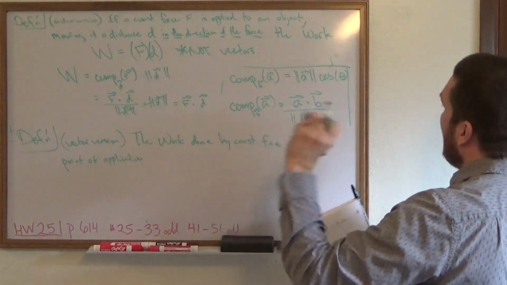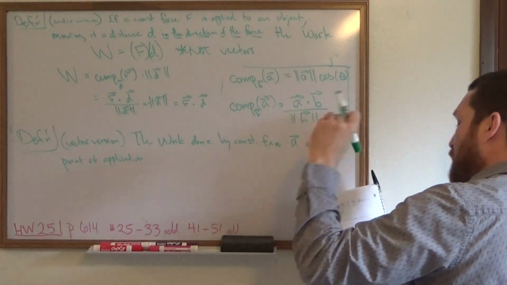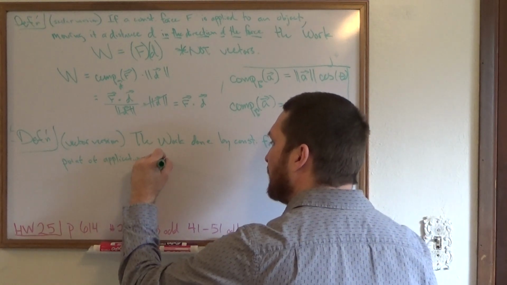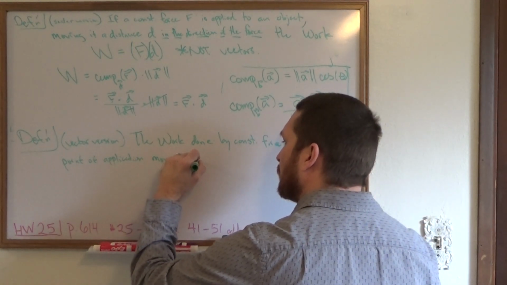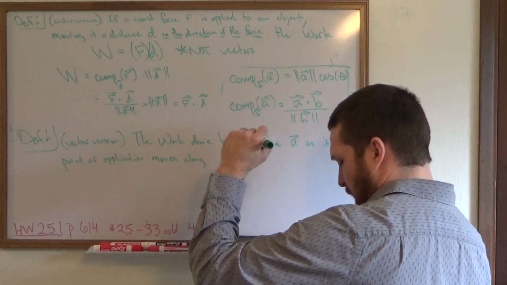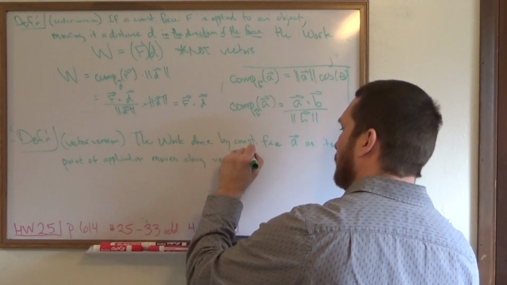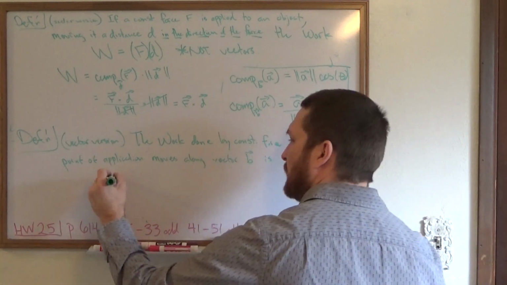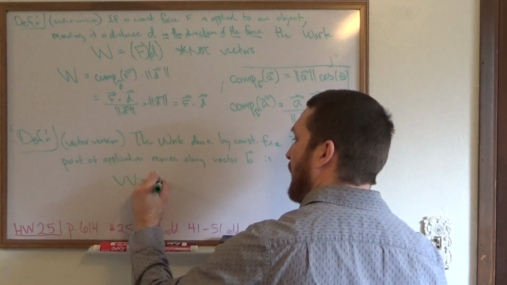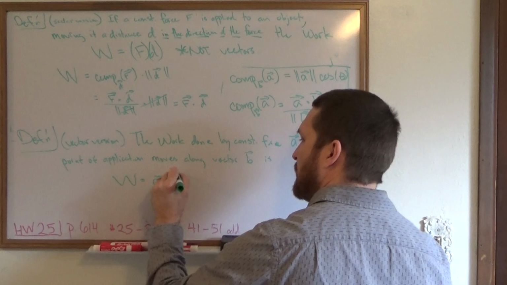As its point of application moves along vector B, is the work is A dot B.